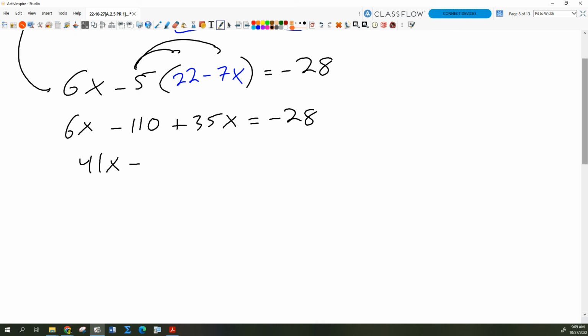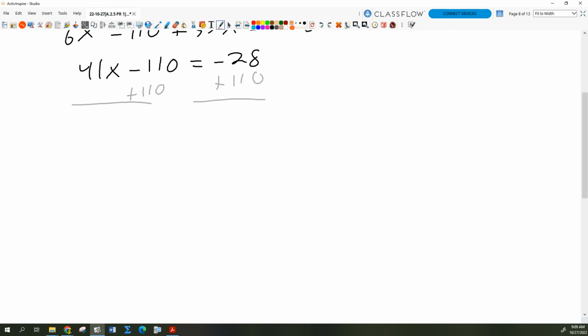So 41x minus 110 equals negative 28. So what are the last two steps to solve for x? Okay, good. Add 110. Good. So if we do that, those guys cancel, and I get 41x equals 82.